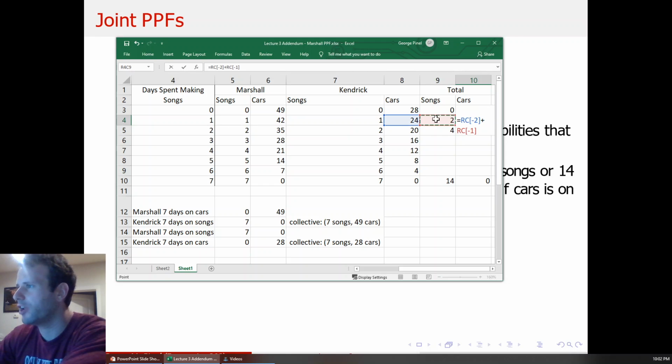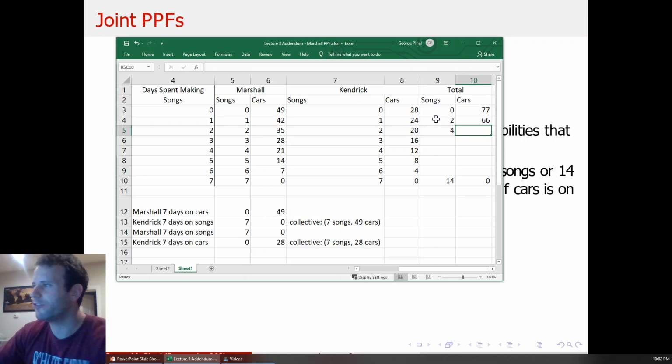It's not enough, because we just defined comparative advantage, and it doesn't make sense for them to split it half and half, where one person makes half the songs and one person makes half the cars. It also doesn't make sense to split it such that the person with absolute advantage makes the good. Those are not the right ways to think about this.